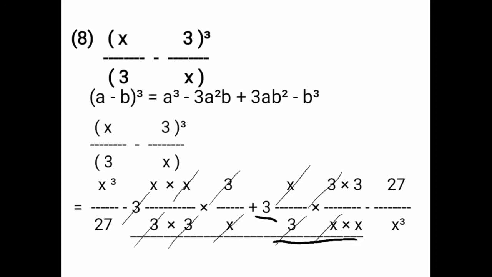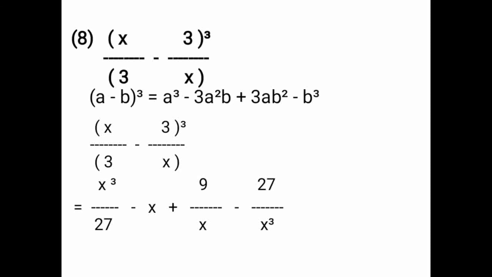This 3 and this 3 are left on the numerator. So multiply, 3 3s are 9, and on the denominator only x is left. So in the plus 3ab square part I got the answer plus 9 upon x. And finally minus 27 upon x cube, write as it is.